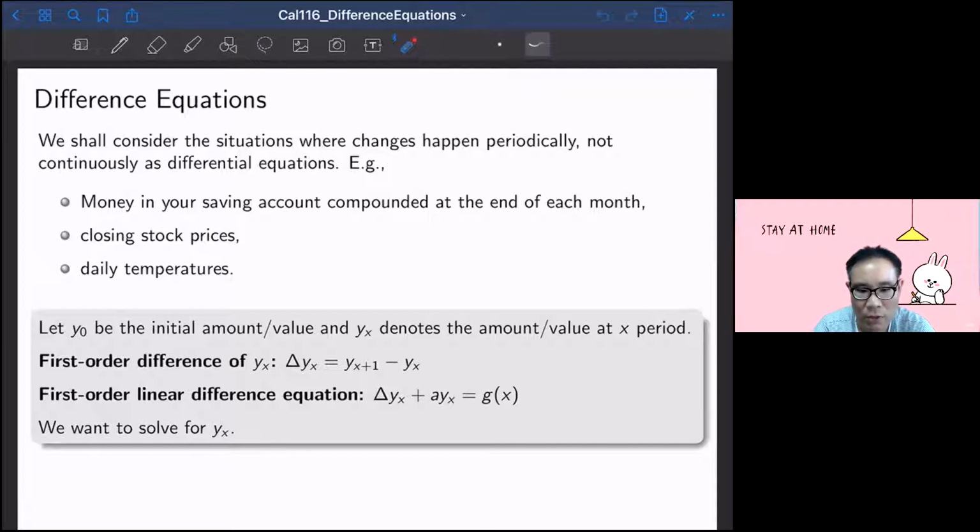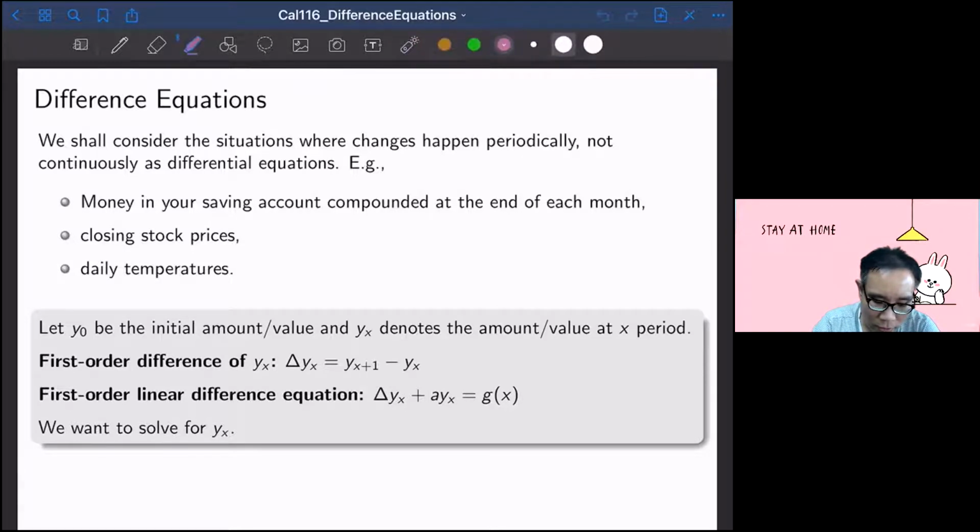It compounds, giving you compound interest, every 6 months or annually, and you have the daily temperature, which you record day by day, so it's not recorded all the time. So for functions that are not continuous, the thing that you study is difference equations.